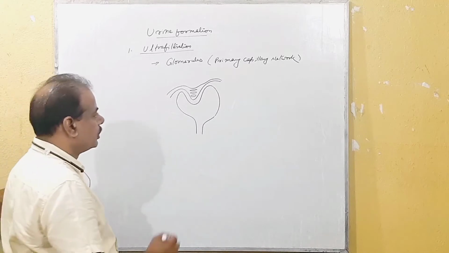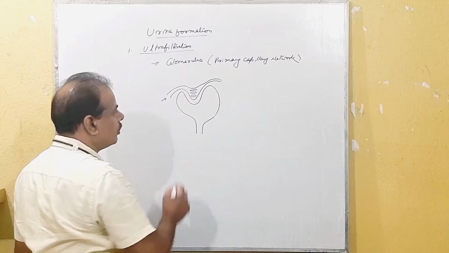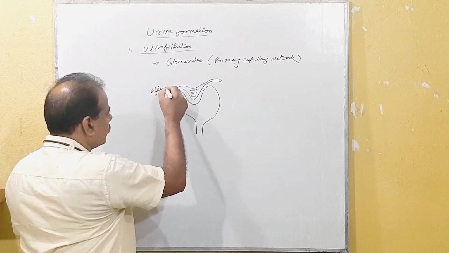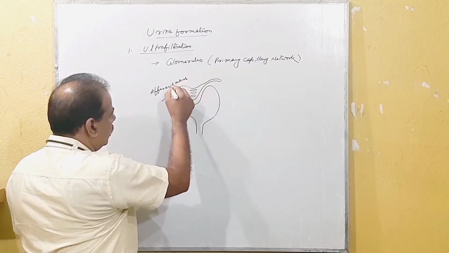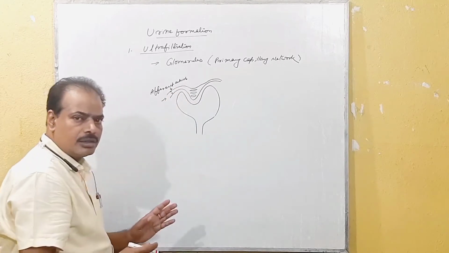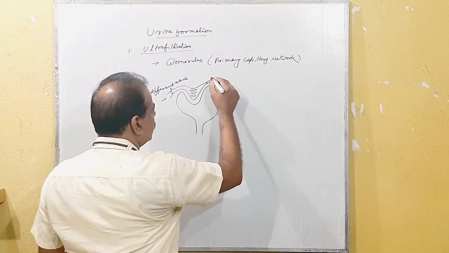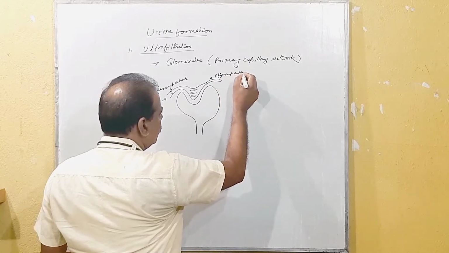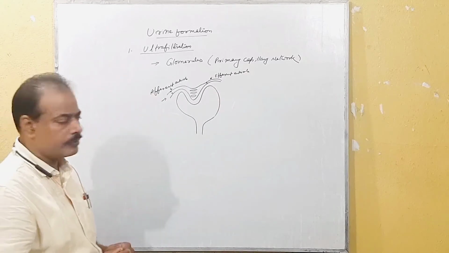The creation of high pressure is due to the lumen of the afferent arteriole. This one is the afferent arteriole, and here you can see the lumen is wider. And this one is the efferent arteriole, and here the lumen is narrow.